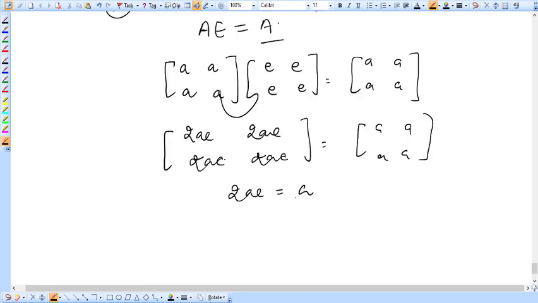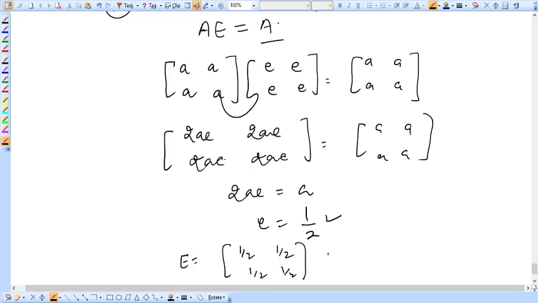So cancel A, E becomes equal to 1 by 2. So therefore the identity element in this case is the matrix with all entries 1 by 2.